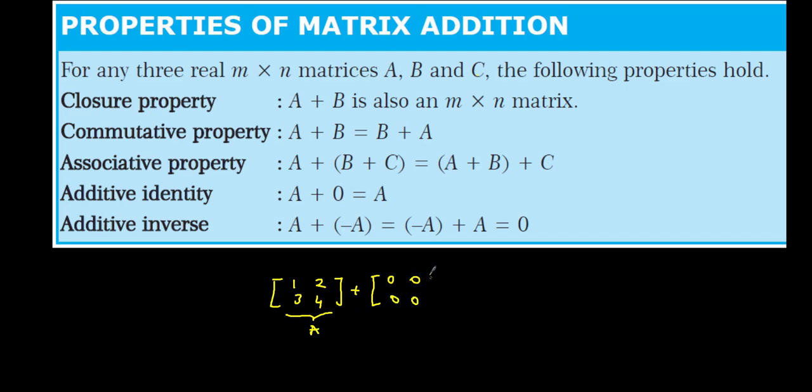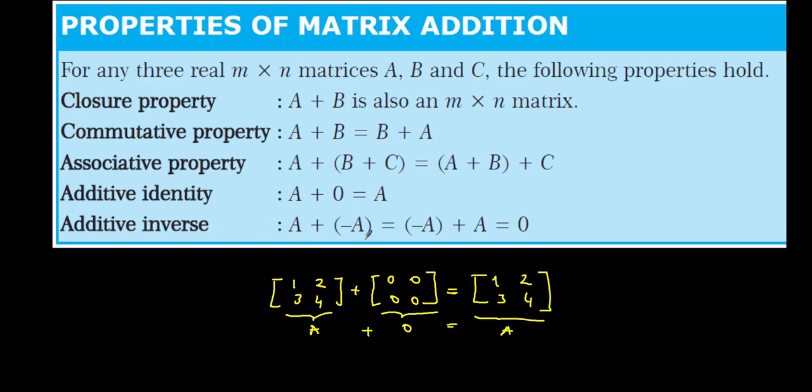You remember from the definitions of the types of matrices also this one. So the result is going to be again 1 plus 0 is equal to 1, 2 plus 0 is equal to 2, 3 plus 0 is equal to 3, 4 plus 0 is equal to 4, which is equal to A. A plus 0 should be equal to A. I have written here by mistake 0, but it should be equal to A again.